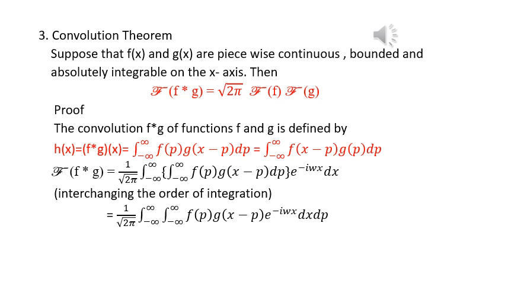Now on interchanging the order of integration, we can write Fourier transform of f star g is equal to 1 by root 2 pi double integral minus infinity to infinity f of p g of x minus p e raised to minus i omega x dx dp.